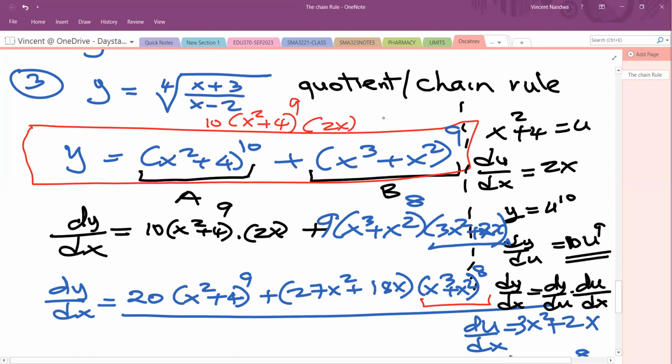Then for the other part, you use the power rule and drop the power, so you have 9x cubed plus x squared, the new power of this bracket will be 8 after we dropped 9, you reduce by 1, and then you multiply by what you get when you differentiate inside.